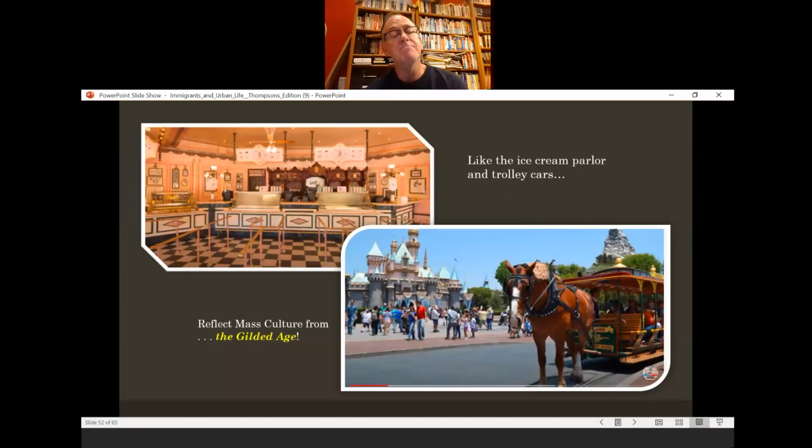They have made the entrance to Disney World look like, because it's an amusement park, a throwback to old times, the days when amusement parks were first created back in the Gilded Age, the Second Industrial Revolution.